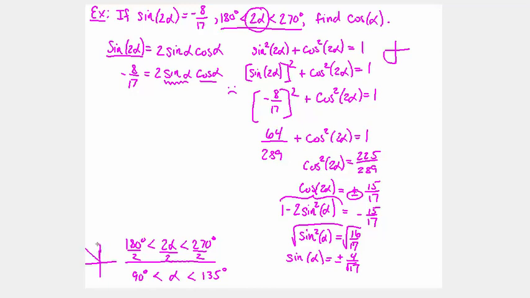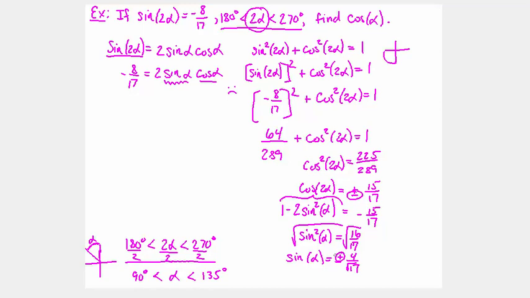So alpha's got to be somewhere here. Now, if that's the case, all we're trying to determine is if the sign of alpha is positive or negative here, to know which option to use that we have. But as you can tell, where that is, which is only part of quadrant 2, that would be where sine of alpha is positive. So we know exactly which of these to use.